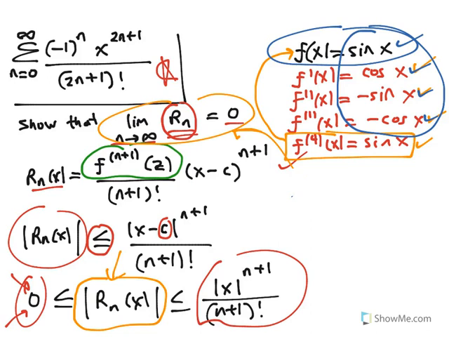And the limit of this quantity, the absolute value of x to the n plus 1 power divided by n plus 1 factorial as n goes to infinity, is also equal to 0, because in the denominator you have a factorial function, and in the numerator you have a power function where the variable is n. So factorial functions have a faster rate of growth than power functions.